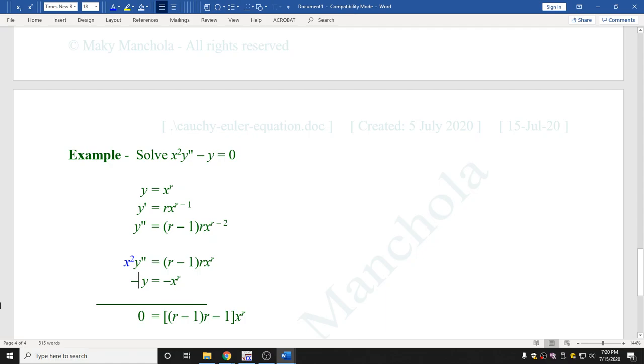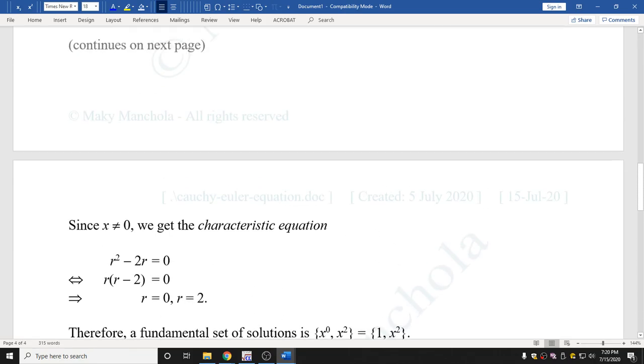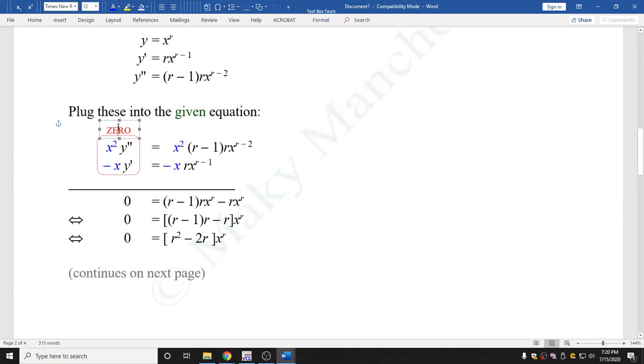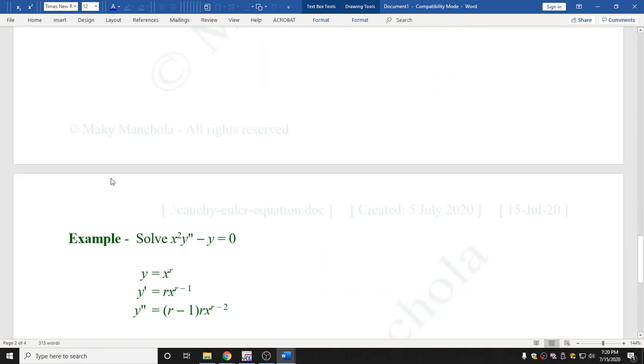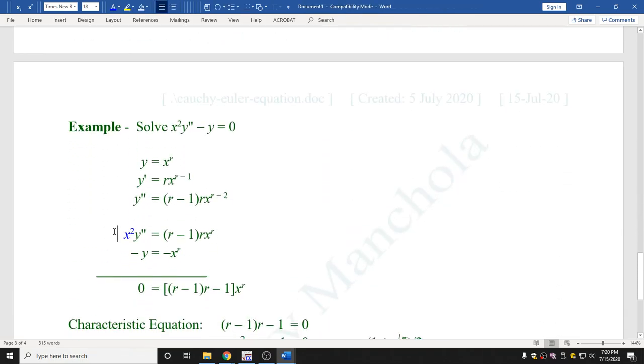So that's the left-hand side right there. So that's 0 right there.